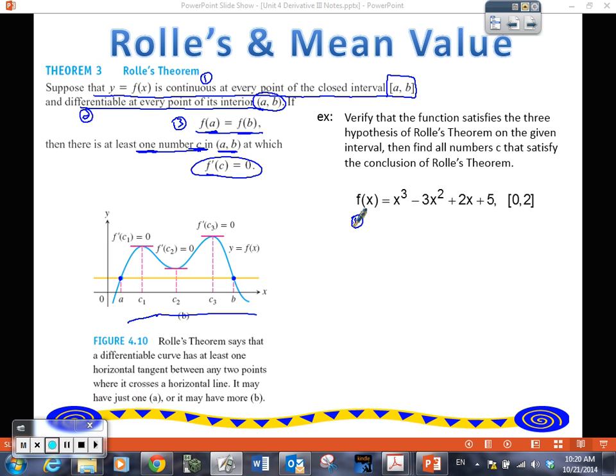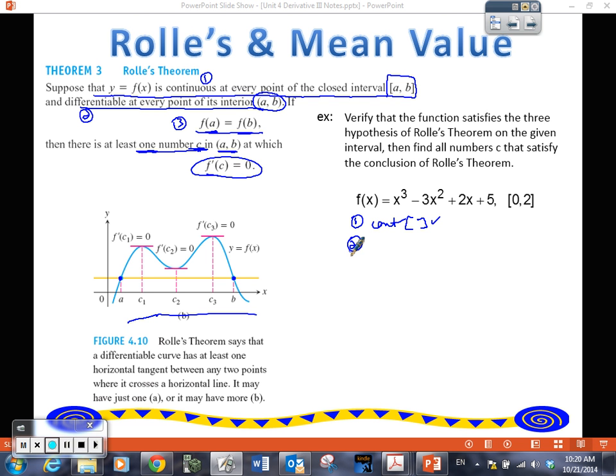It's okay to look at it and determine whether it's continuous or not. You don't have to prove it with math or words, just look at it. This is a polynomial. We know polynomials are continuous. So we would say continuous on the closed, check. That's our first check. Number 2, is it going to be differentiable?